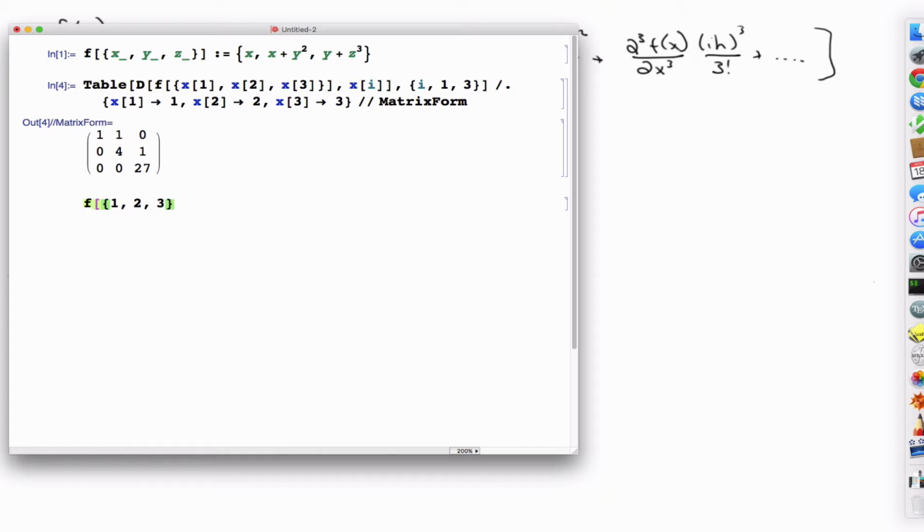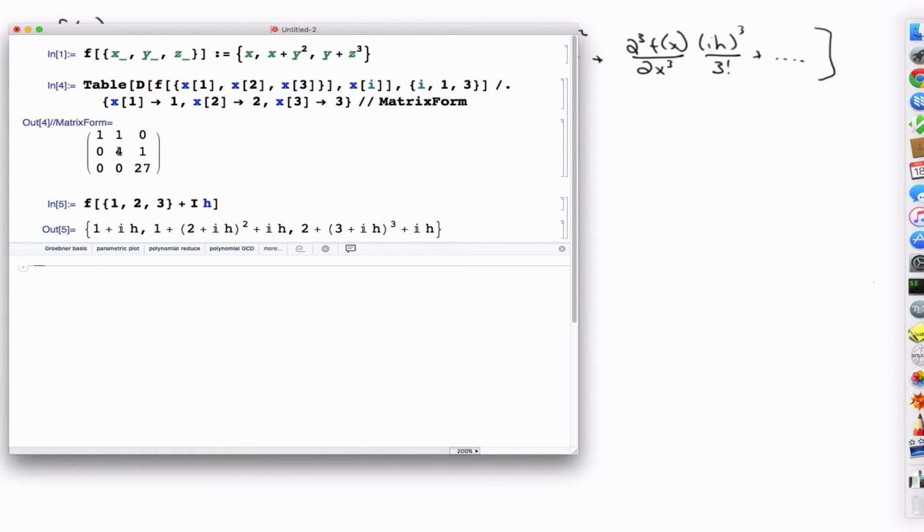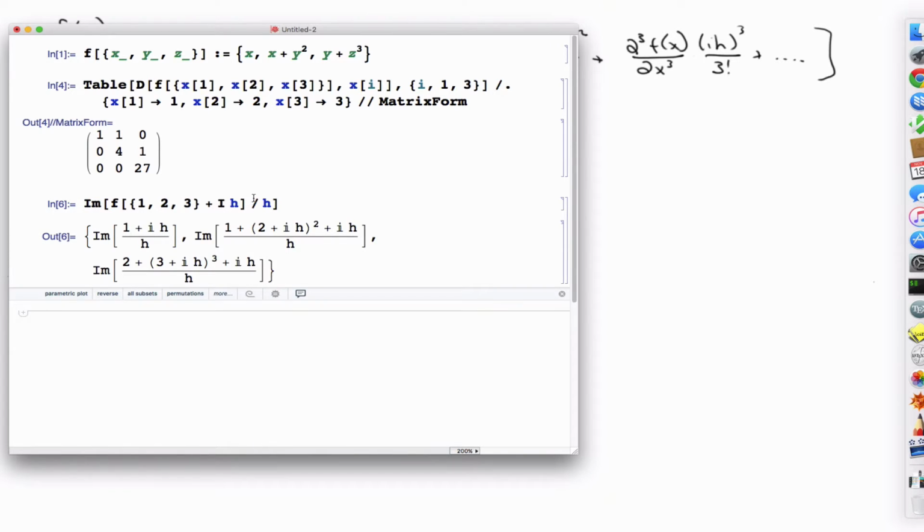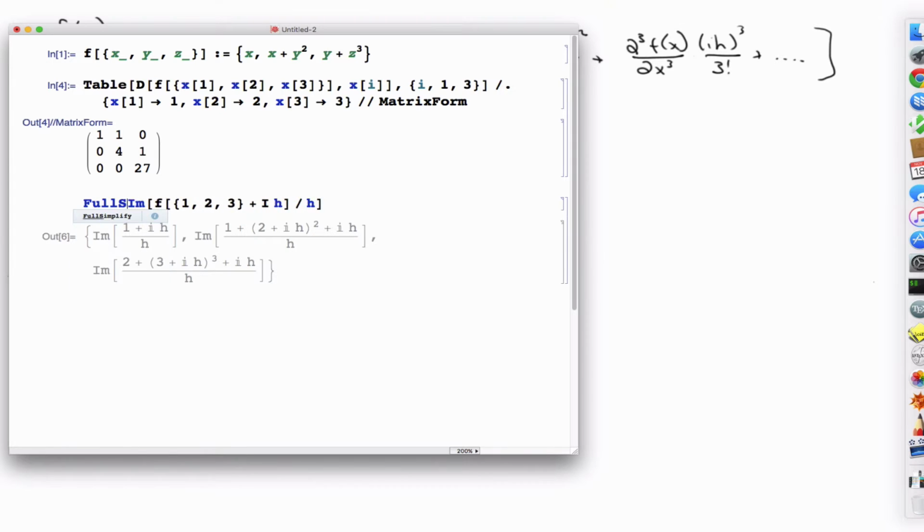I can take f of 1, 2, 3, and I can perturb it by ih. There I get a function, and if I take the imaginary part of that, divide by h, then I think I can simplify it with the assumption that h is greater than 0.